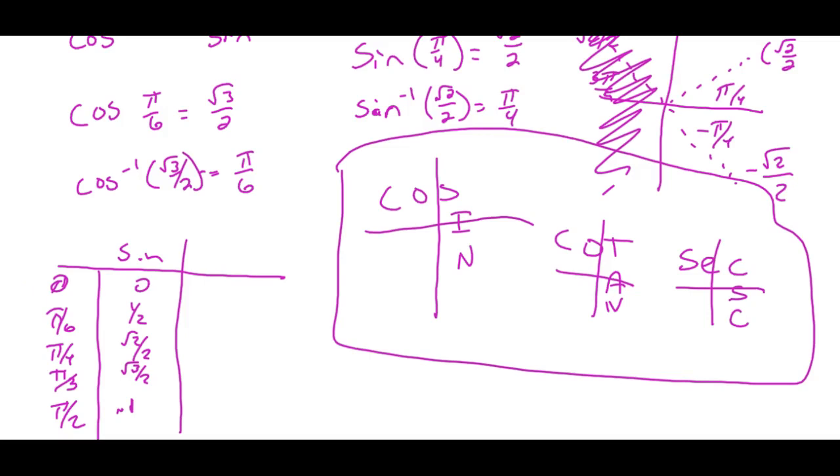So let's look at some of these that look a little more complicated, such as the cosine of the arc tan of 1/2. And you're going to think inside out, right?